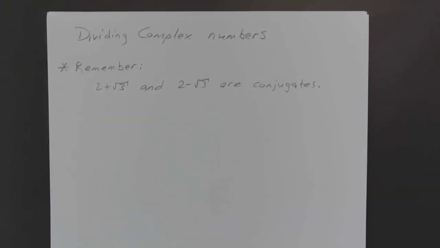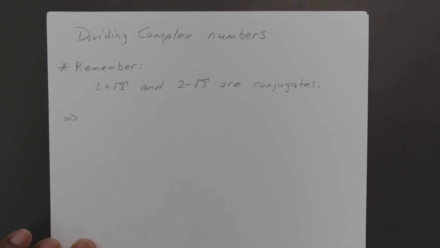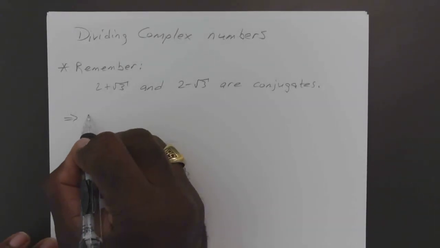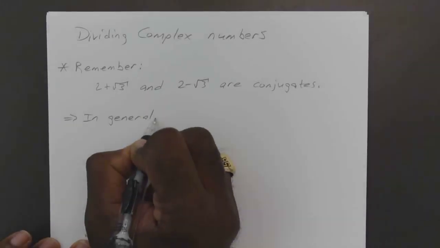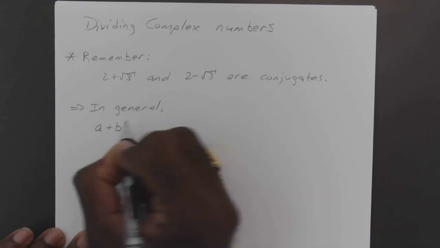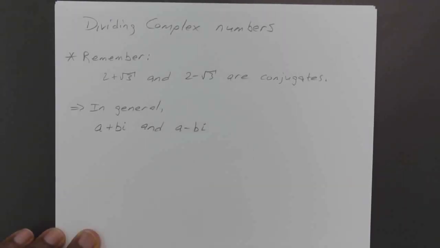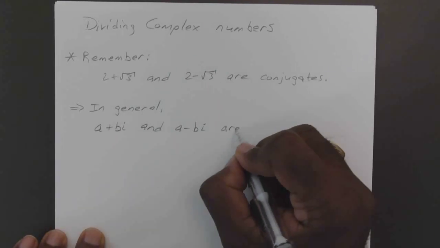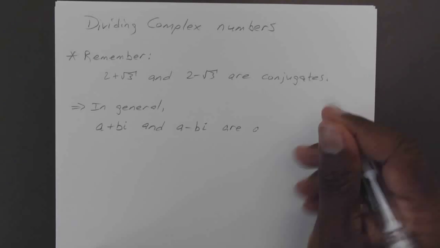Remember the sign just changes, they're just conjugates of each other. We apply that same rule here. So in general, if you have a plus bi and a minus bi, they're actually complex conjugates of each other.